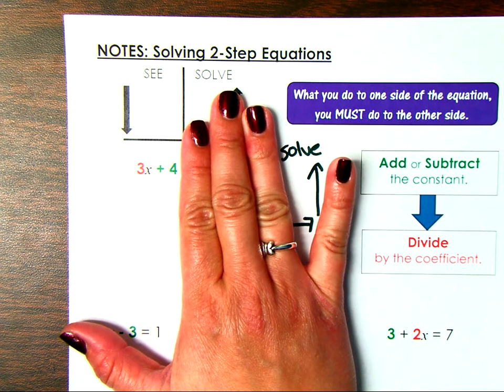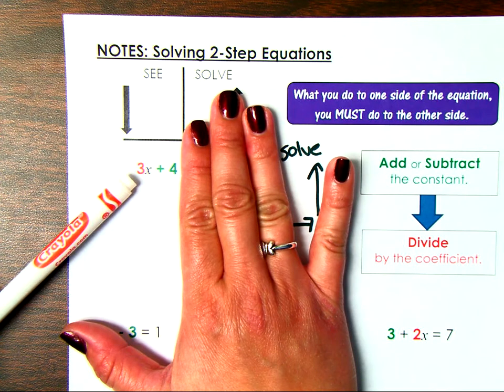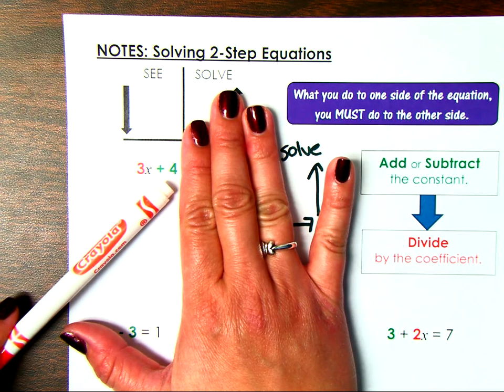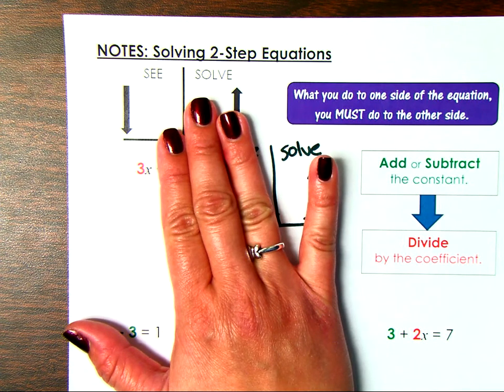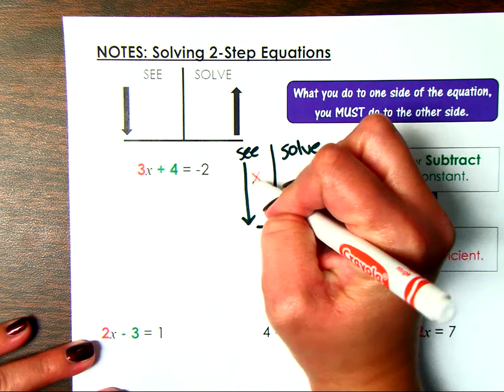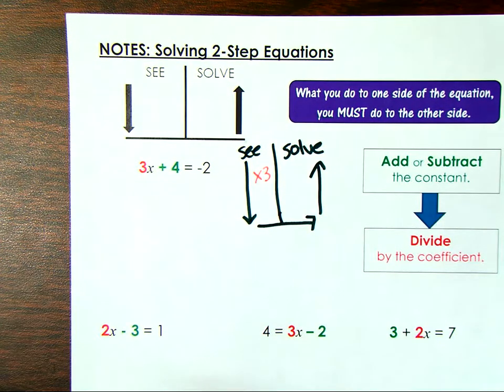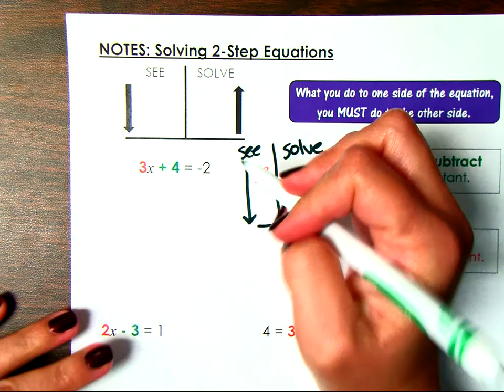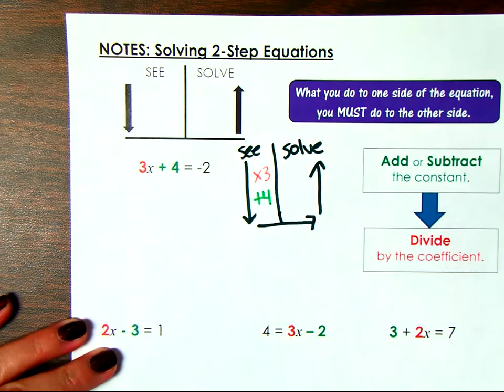A number next to a letter is our coefficient, and this plus 4 is the constant. Order of operations, we're always going to multiply first and then add or subtract. So I see multiply by 3, and then after I multiply by 3, I would add 4.